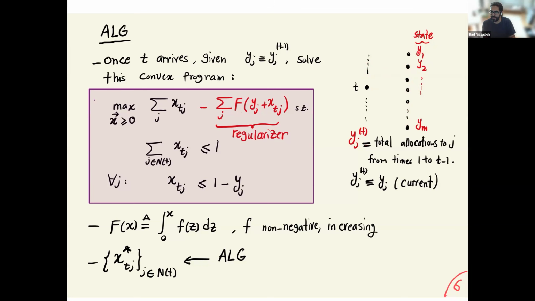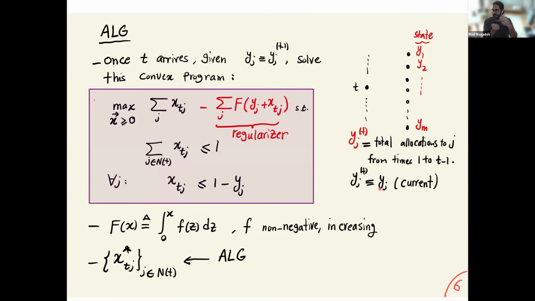Let me use the notation y_j to be the total allocations to j from times 1 to t minus 1. Looking at the previous allocations that the online algorithm has made, y_j^t shows how much allocation has been made so far. Sometimes when it is clear from the context, I'm going to drop t and use the notation y_j.